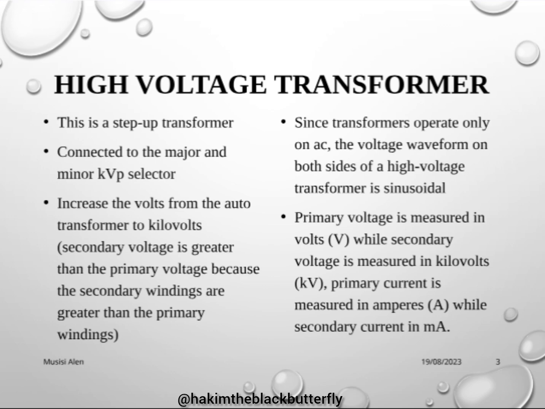So I've said that within the X-ray generator, we have the high voltage transformer. Its main purpose is to step up the voltage. It is connected to the major and the minor kVp selector. That is for selecting lower kVs and also selecting really high kVs.